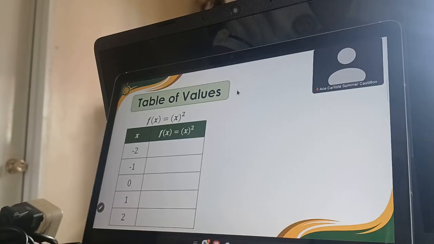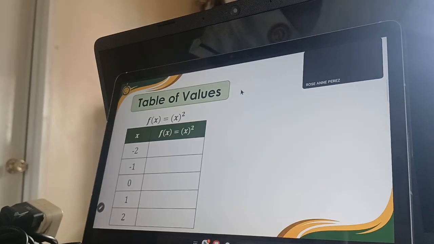So we need to substitute negative 2 to positive 2 to the x value. What do you call negative 2? These are the x values. So all we have to do to get our y coordinates is substitute the values of our x.